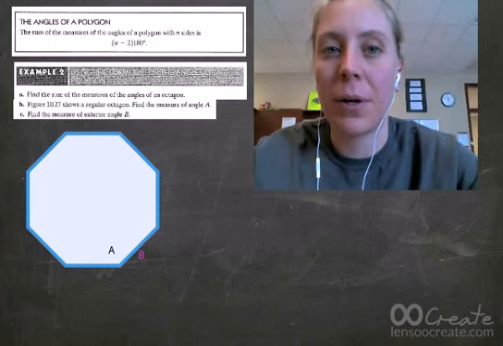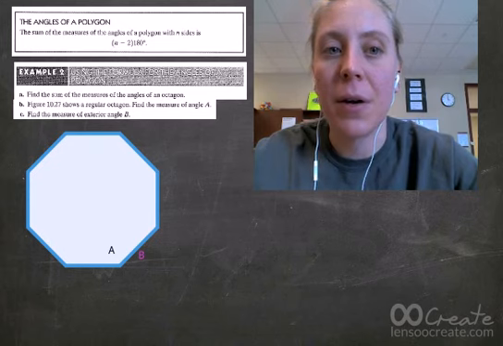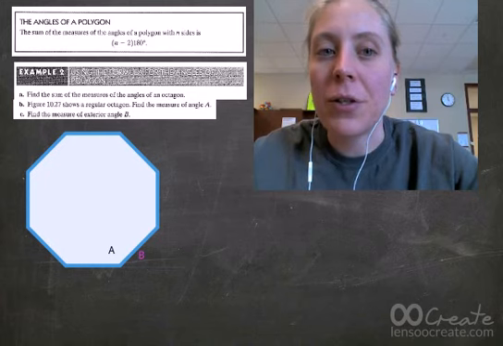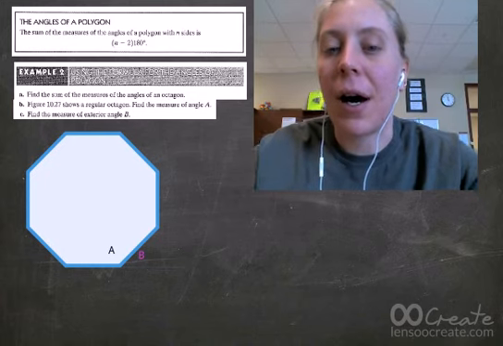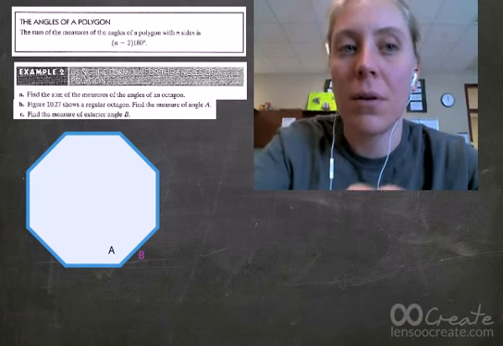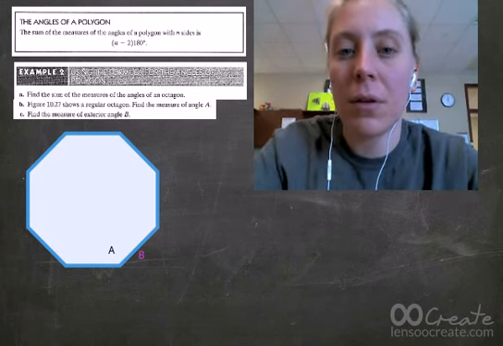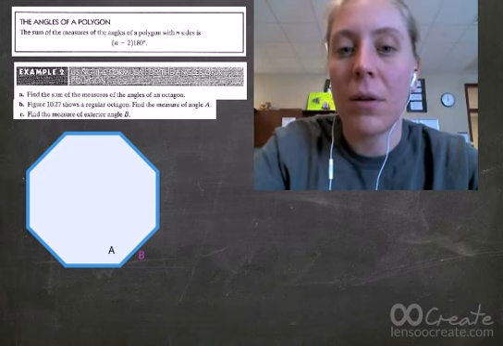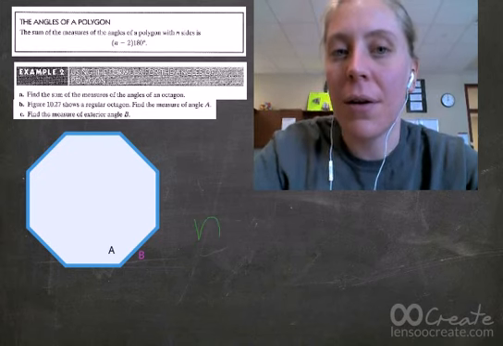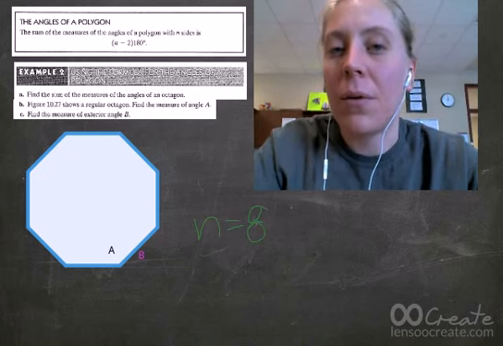Okay, so let's do some examples where now we apply that formula that we saw. We've got an octagon here, which is our 8-sided figure. We want to find the sum of the measures of the angles of an octagon. So we know that an octagon has 8 sides, so our n equals 8.